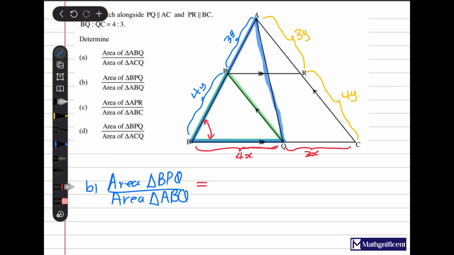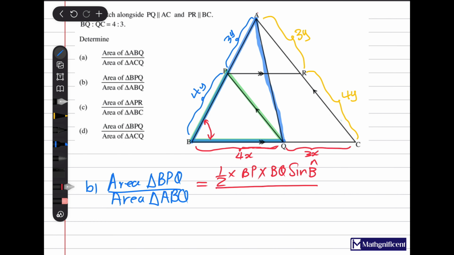So we are going to have half times the adjacent side of that common angle here. When only referring to triangle BPQ, it's going to be BP times BQ times sine B. That's how we use the area rule for the first triangle.